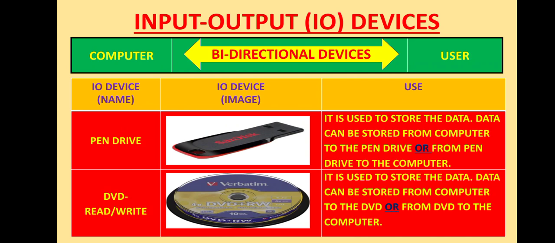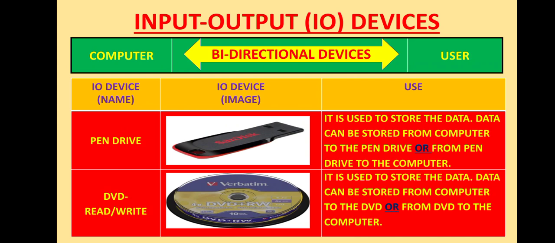You all must be using a pen drive to store data. Data can be stored from the computer to a pen drive or from a pen drive to a computer. So it works in both ways. It can work as an input device or as an output device.